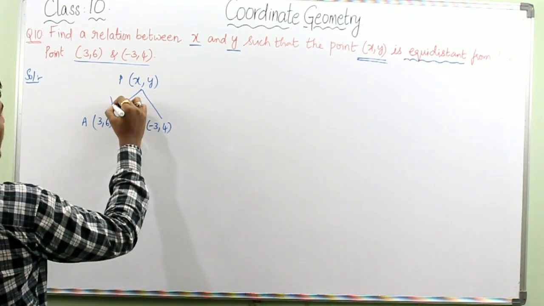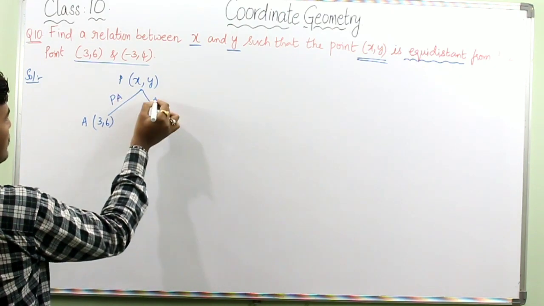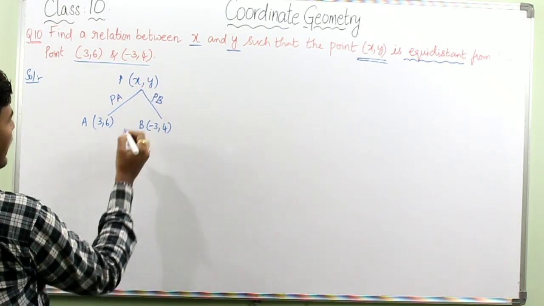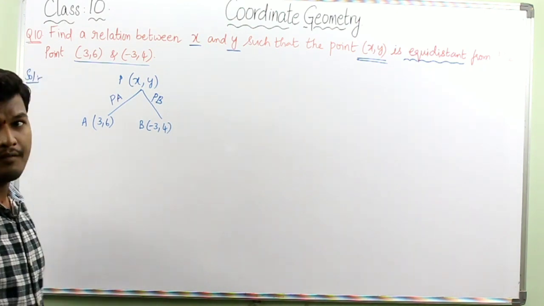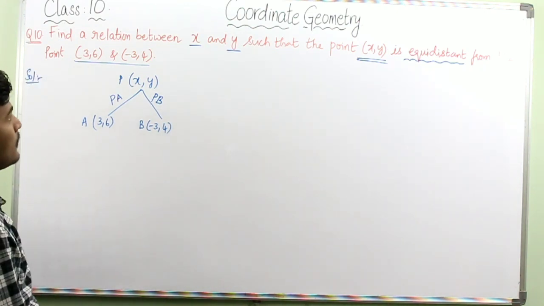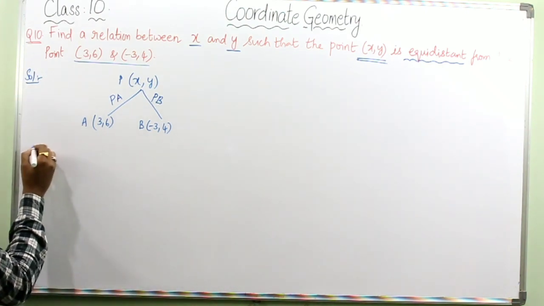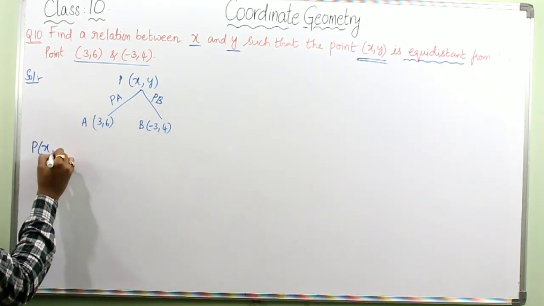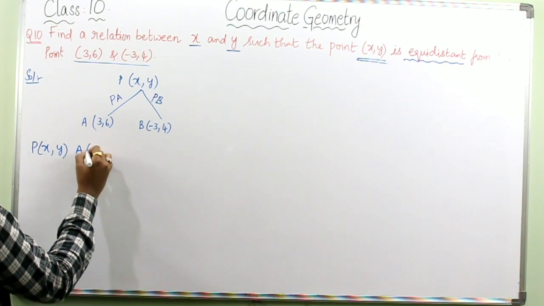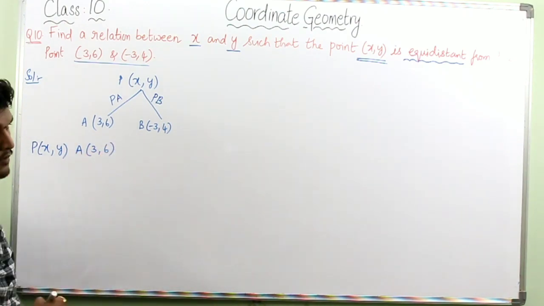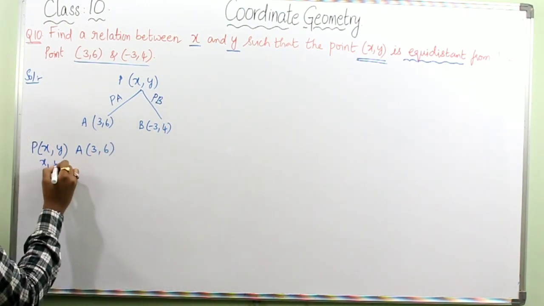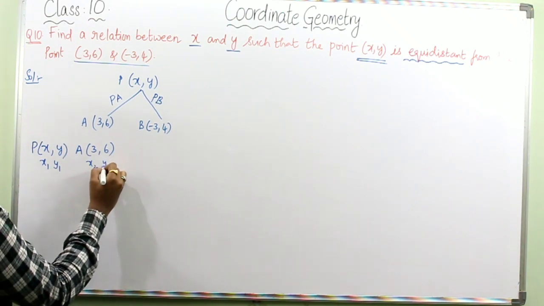So for that, let us find out the distance PA first, then PB, and we will equate them. Then we will get the relationship between x and y. So first, let us consider the point P as x comma y and A as 3 comma 6. Name these points as x1 y1, x2 y2.